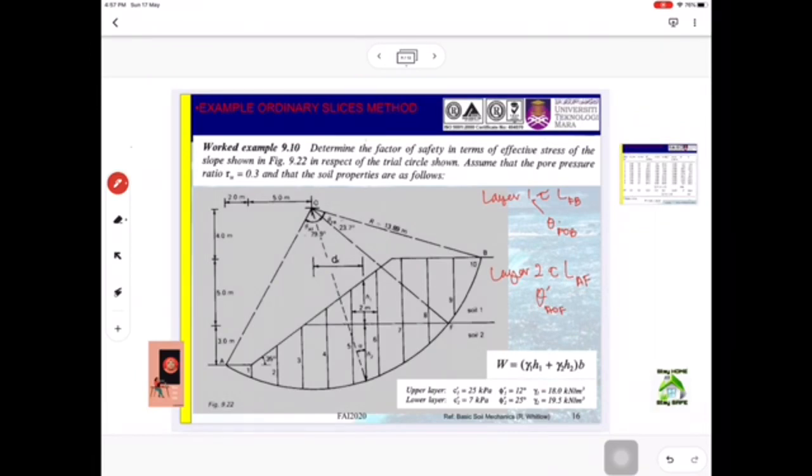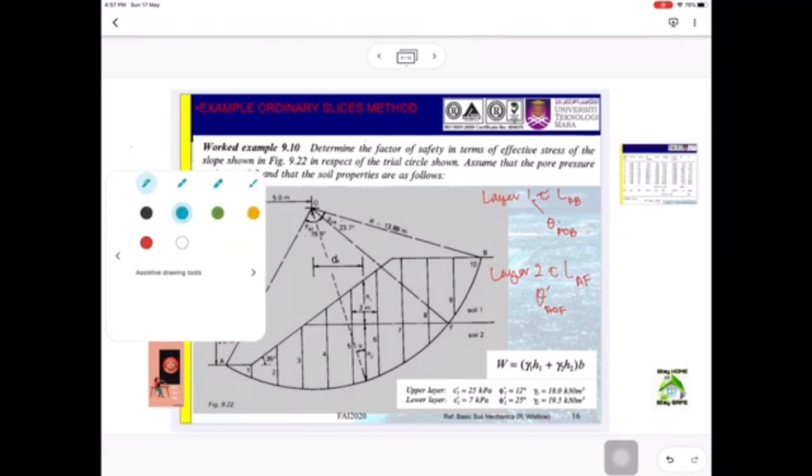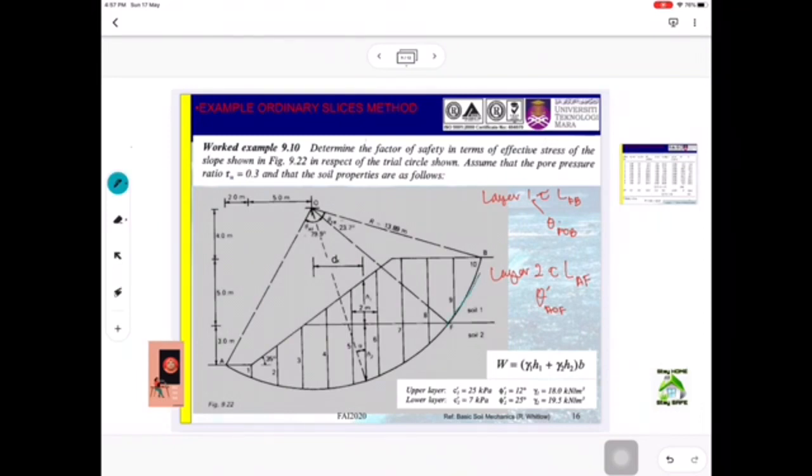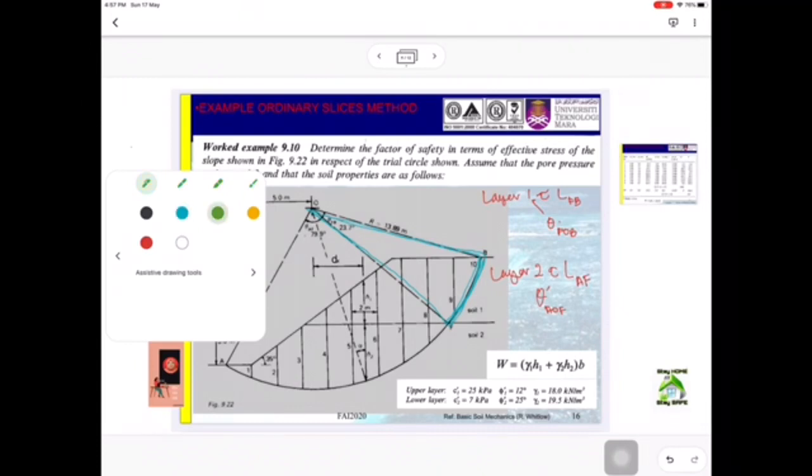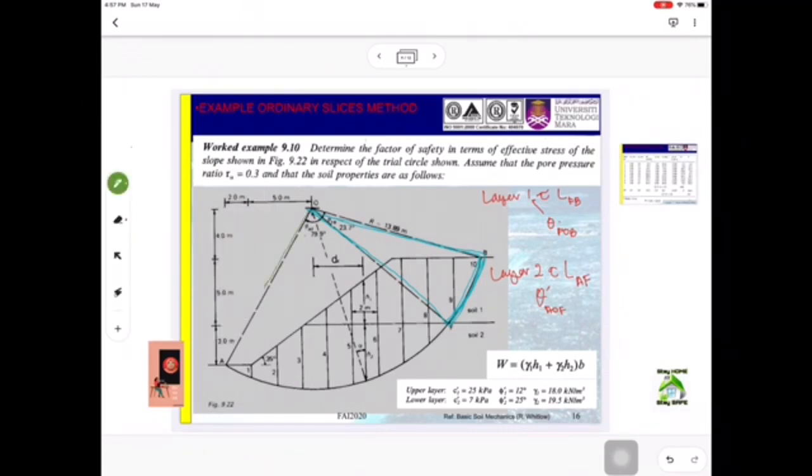Okay, so meaning that this is sector 1, and this is sector 2 for layer 2, because the shear strength is along line AF only.